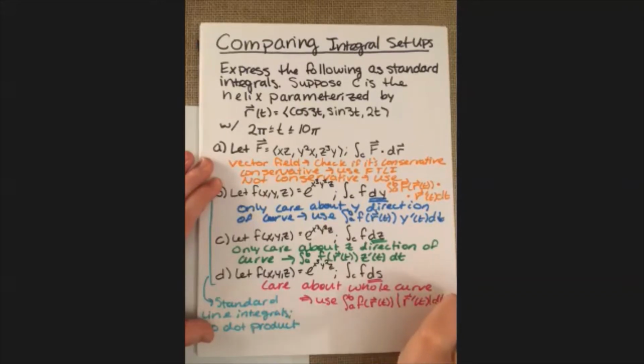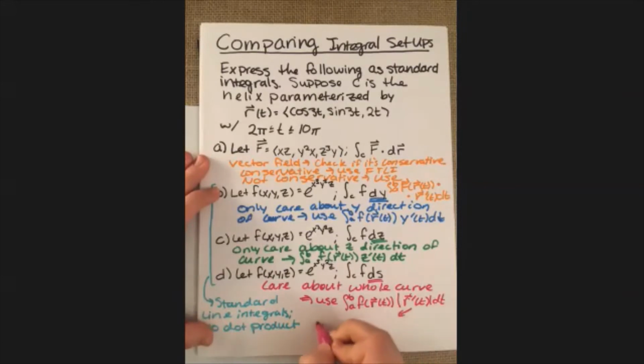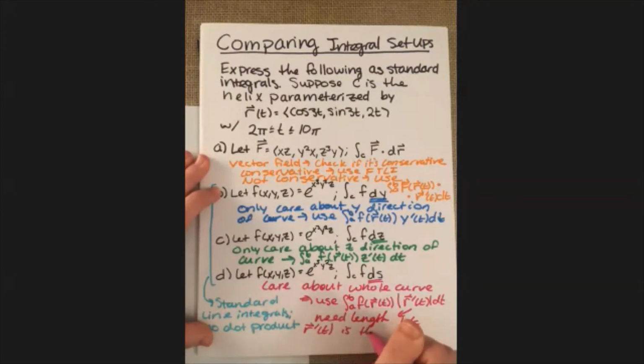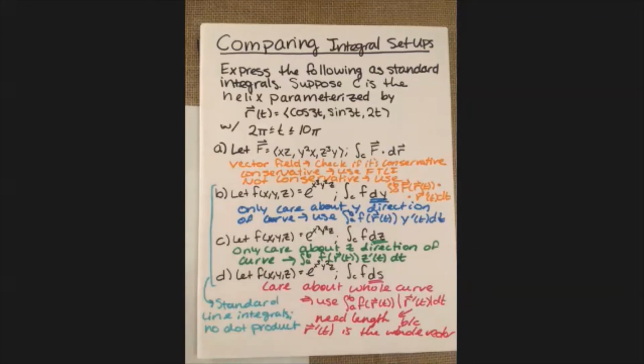And the reason that we take the length here is because this is the whole vector. So it's got the y component, z component, all of that stuff thrown in there. And we need to use a number for this kind of integral.